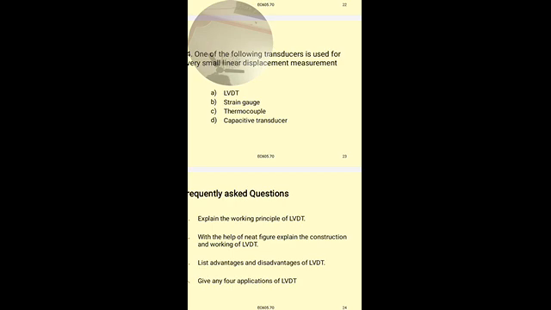List the advantages and disadvantages of LVDT. Give any 4 applications of LVDT.